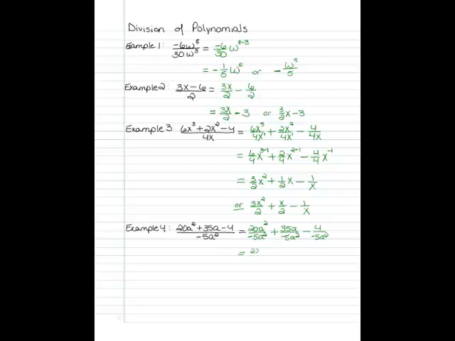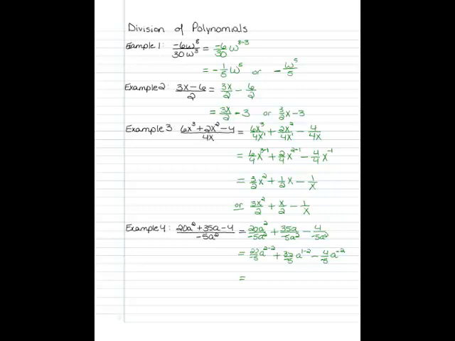So here we have 20 divided by negative 5, a to the 2 minus 2, plus 35 divided by negative 5, a to the 1 minus 2, minus 4 over negative 5, a to the, in this case, negative 2.